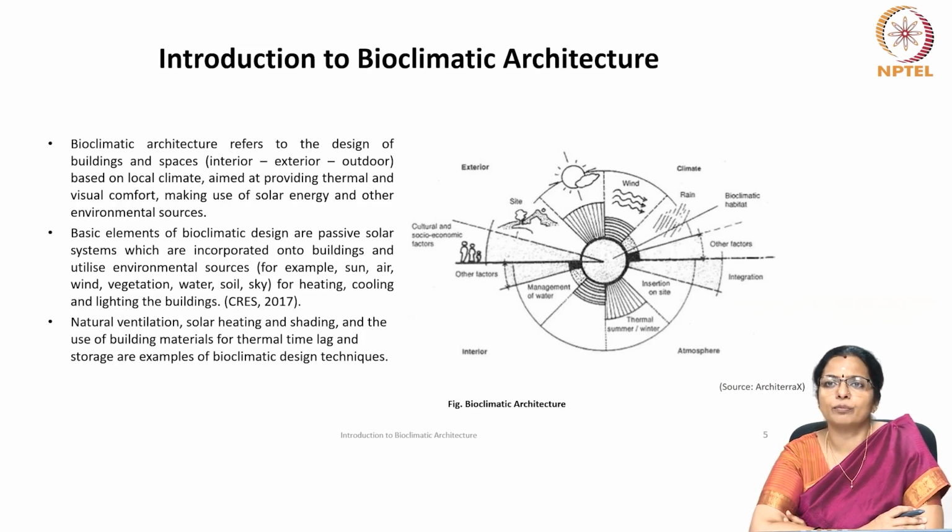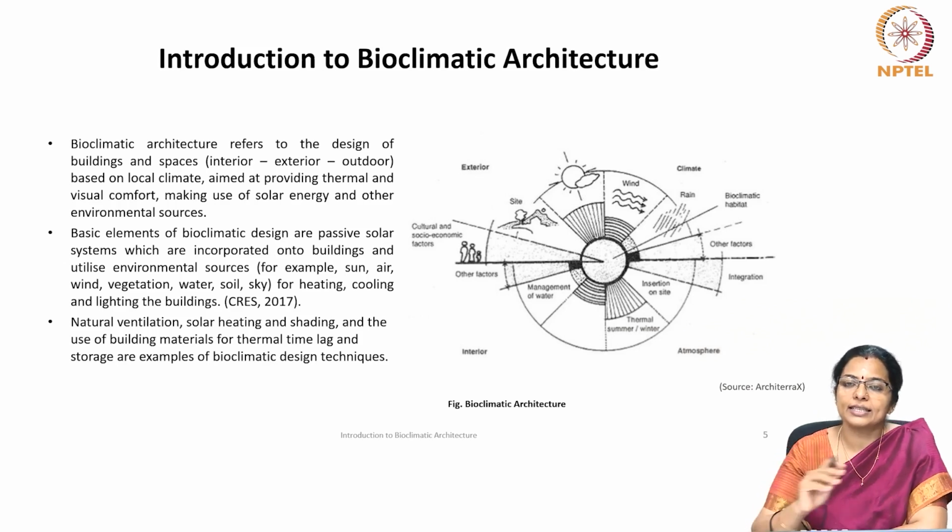The basic elements of bioclimatic design include the solar passive systems, which when incorporated into buildings can utilize environmental sources such as the sun, breeze, vegetation. We can use even water, soil, sky, etc. for heating, cooling and lighting the building. Natural ventilation, solar heating and shading, and the use of building materials for thermal time lag and storage, these are small examples of bioclimatic design techniques.